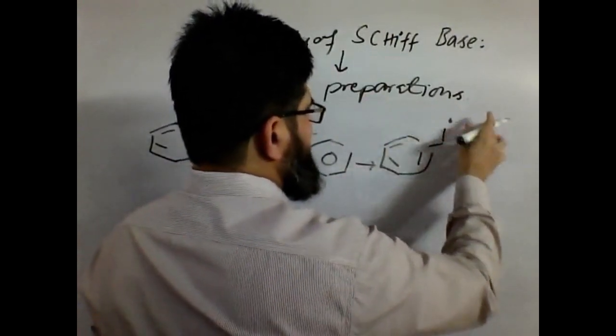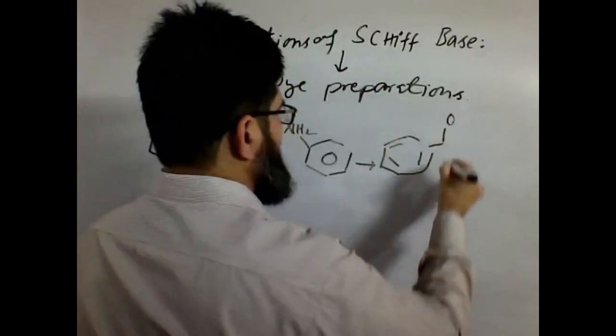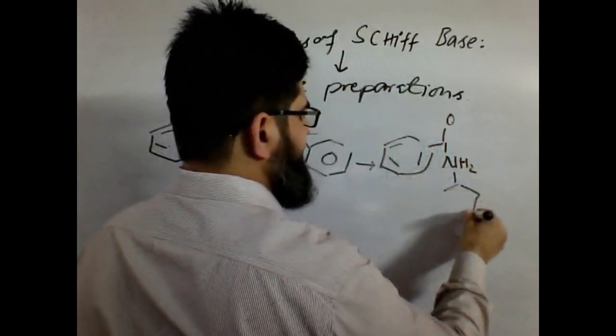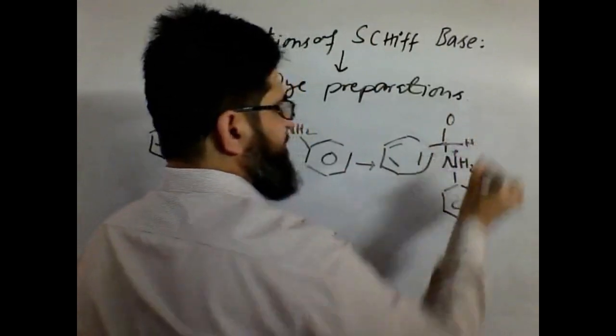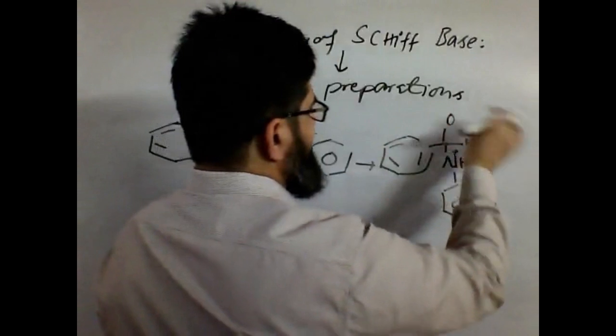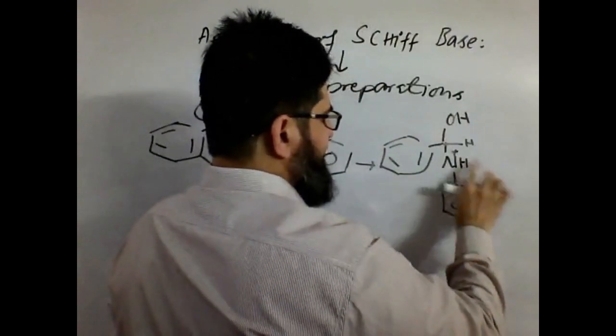Sorry, it is supposed to look this way. Here is your NH2 with the ring, supposed to carry a positive charge. Here is the proton of the aldehydic part. Then one of the protons shifts from here to here in order to neutralize the charge, so we can get something like that. So what happens then?